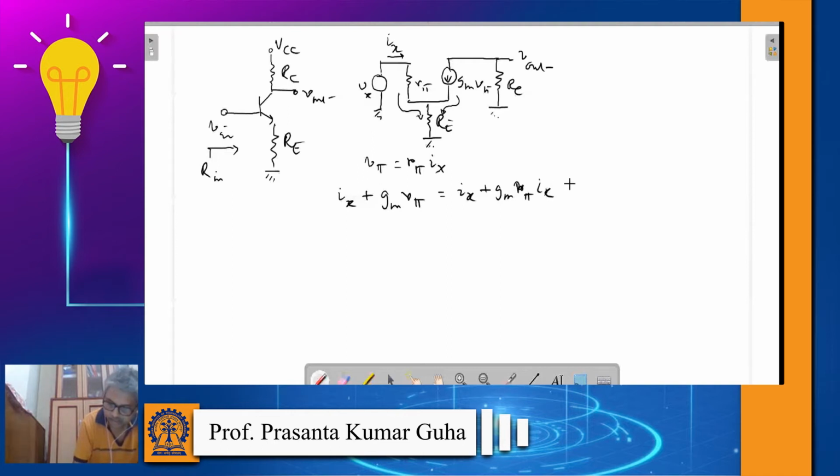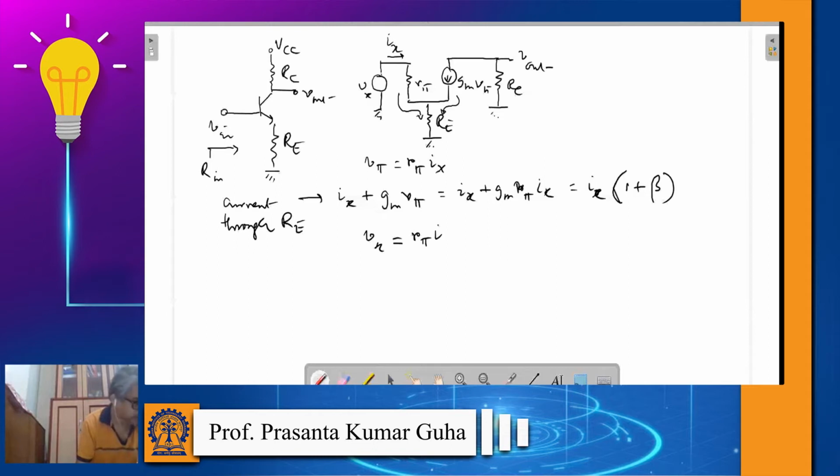Okay, and so this is the current I am writing through RE. Gm R pi is beta. Okay, so Ix times 1 plus beta, right? So you can basically write Vx equal to R pi Ix plus Re times 1 plus beta into Ix, right?